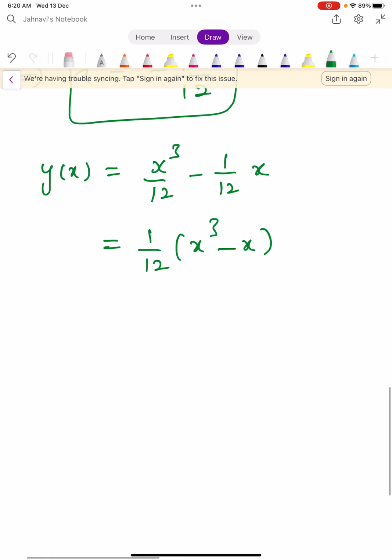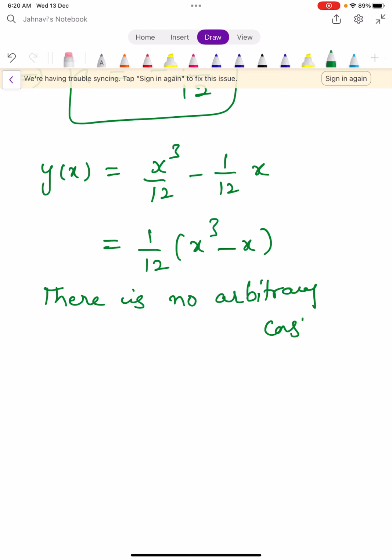So here you observe that there is no arbitrary constant in the solution. No arbitrary constant means it has a unique solution, according to this functional or according to the Euler equation.